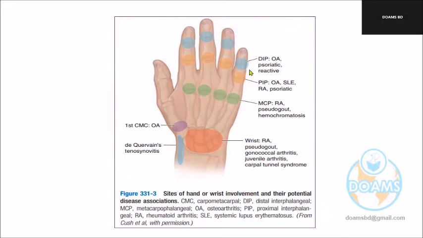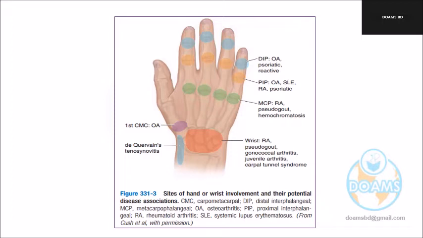We already discussed rheumatoid arthritis, where the distal interphalangeal joints are spared. Whenever distal interphalangeal joints are involved, there are differential diagnoses like that.